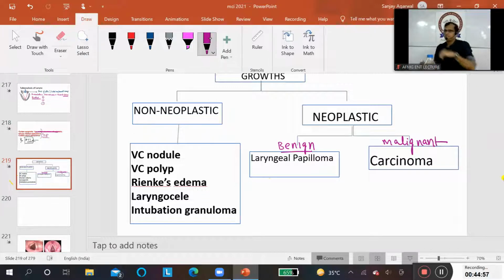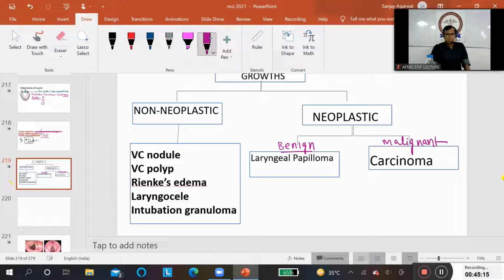As you can see, in the first list we have vocal cord nodule, vocal cord polyp, Reinke's edema, laryngocele, and intubation granuloma. These are all non-neoplastic.